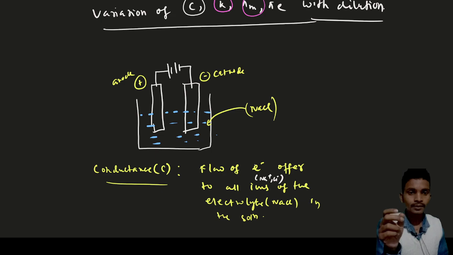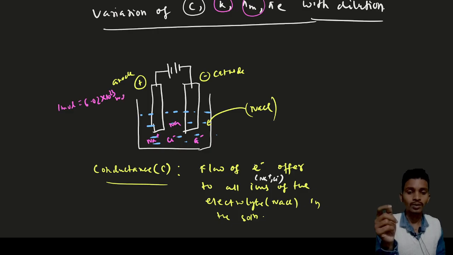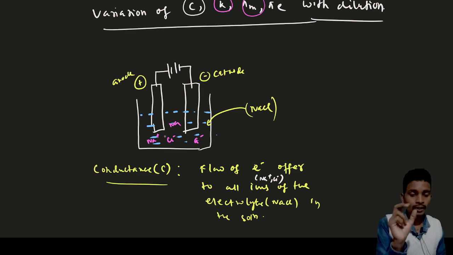Let's say here Na plus, Cl minus is there. One mole means 6.022 into 10 to the power 23 particles, so a huge number of ions will be there, but I am taking considerably fewer for understanding.